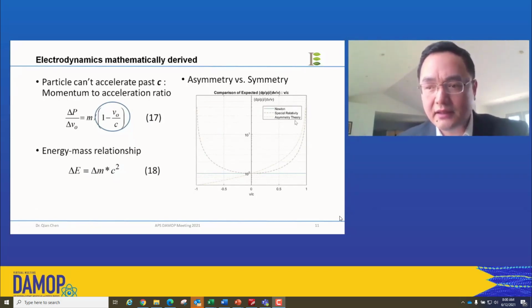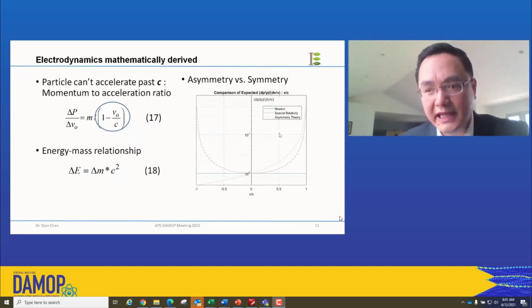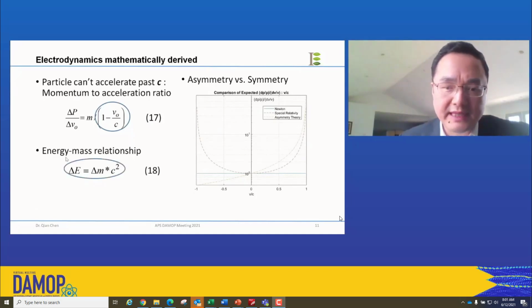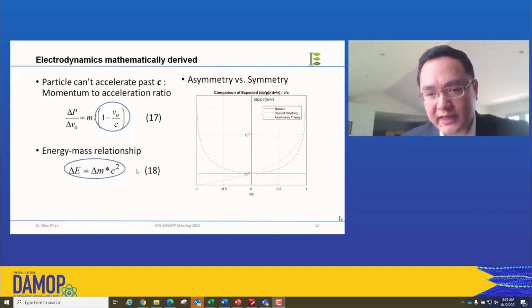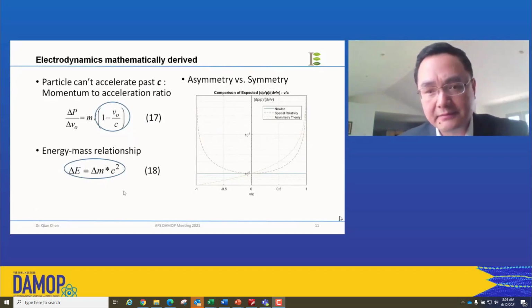The difference between asymmetry theory and special relativity, as you can see, is that one is symmetric and the other one is not. That's one reason that we call it asymmetry theory. And we also mathematically derive this energy mass relationship formula here, and this is consistent with other theories.